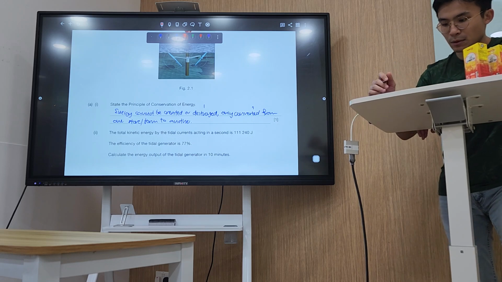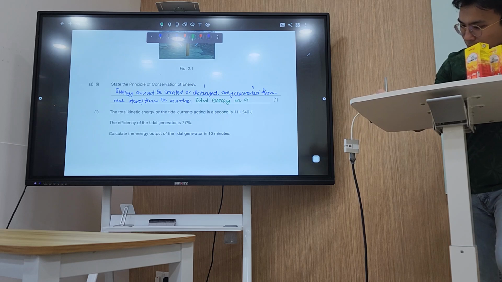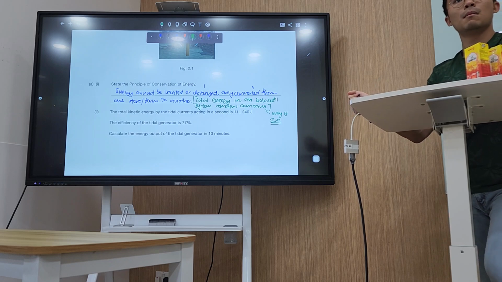So the last part that we normally include for this statement is total energy in an isolated system remains constant. This one is only if 2 marks. Yes. Last time I only converted.